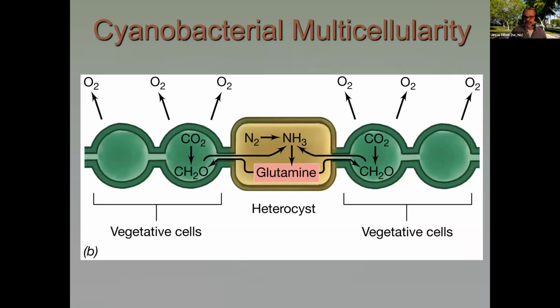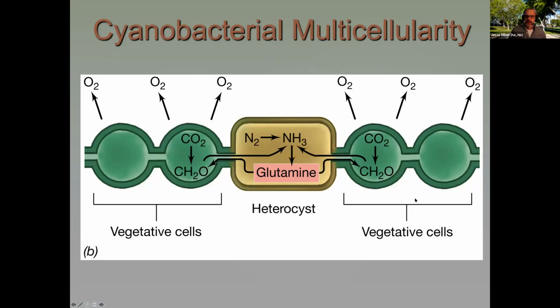This requires a lot of energy, as we're going to come to in a second, though, right? So you need a lot of ATP to fix nitrogen. And in order to accomplish that, you need carbon to make this work, okay? So essentially the fixed carbon that gets used over here and the ATP that gets used over here is translocated into the heterocyst, where it can feed the nitrogen fixation.